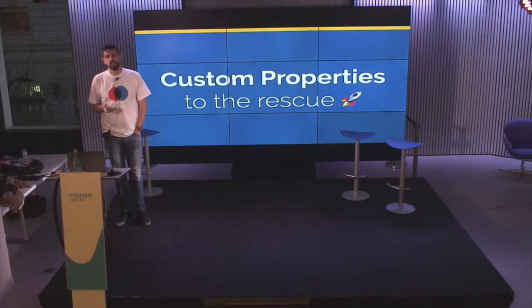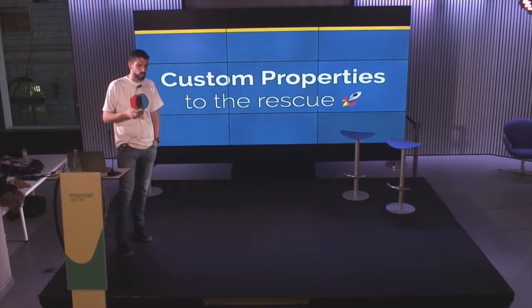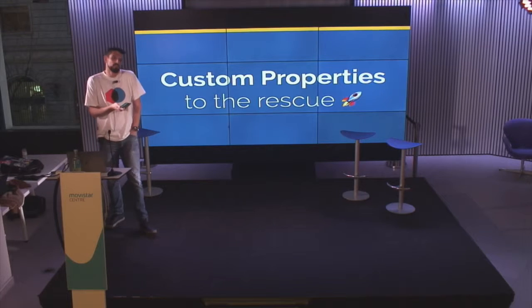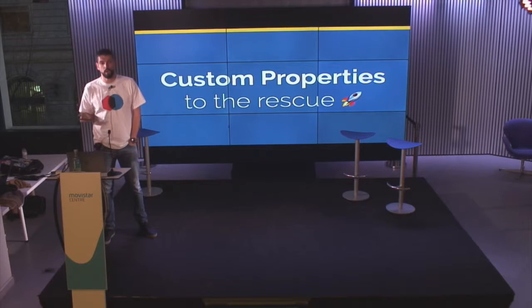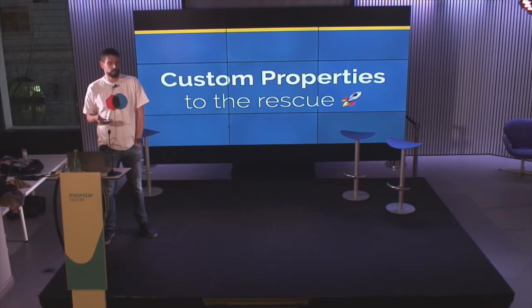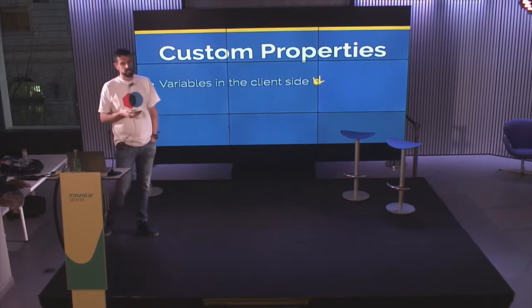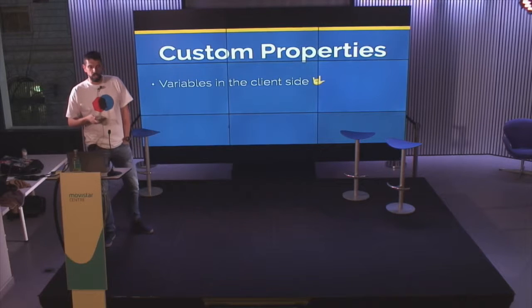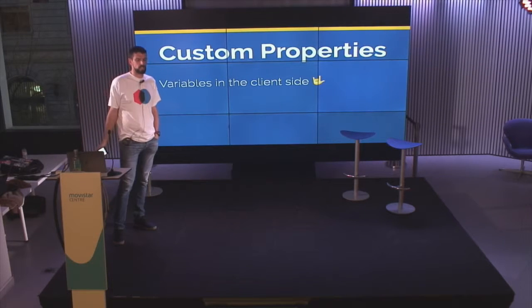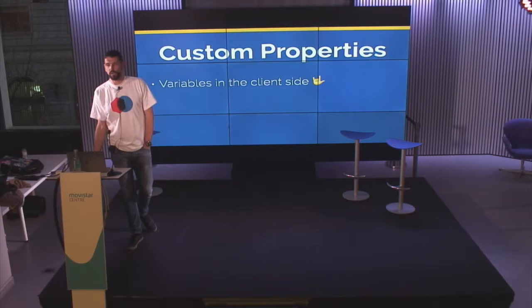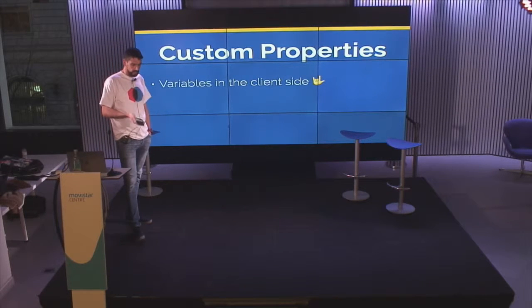So some years ago custom properties appeared, and that was good news. But we didn't know how to implement it. So we saw some key features that we can take advantage of, and that can improve a lot our CSS architecture at the moment.